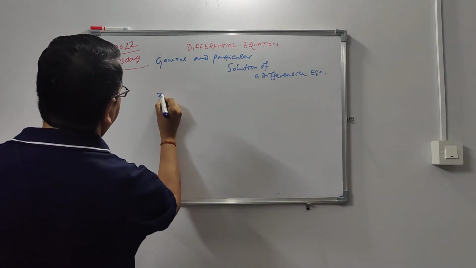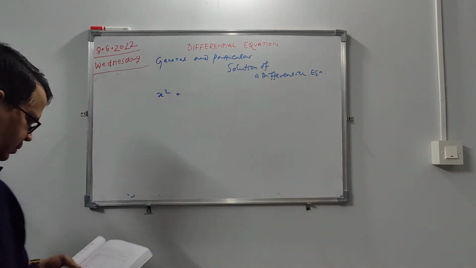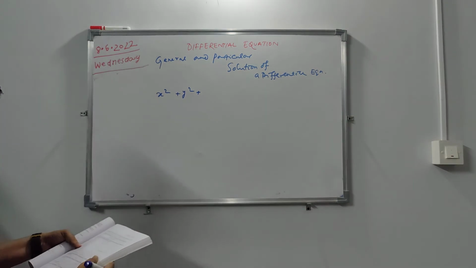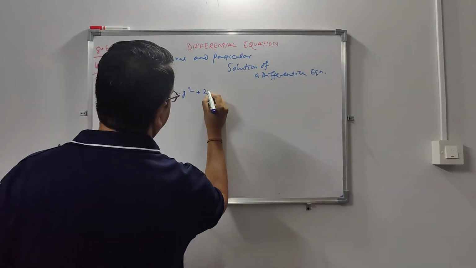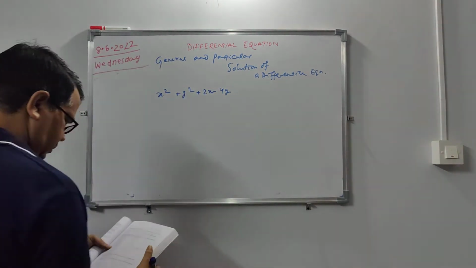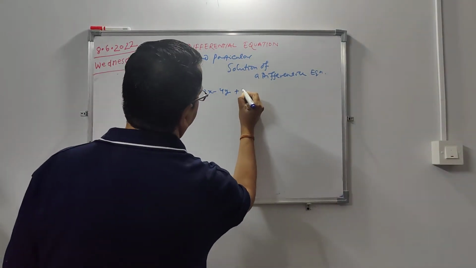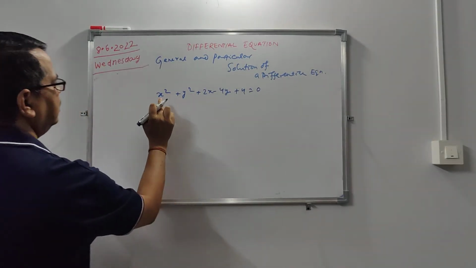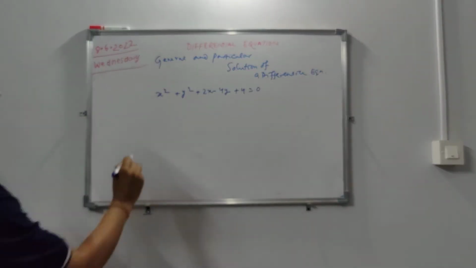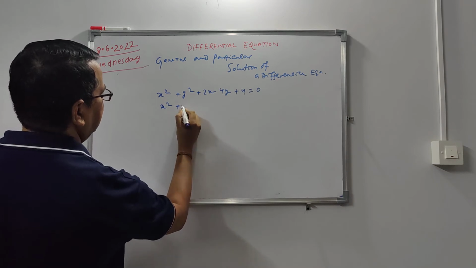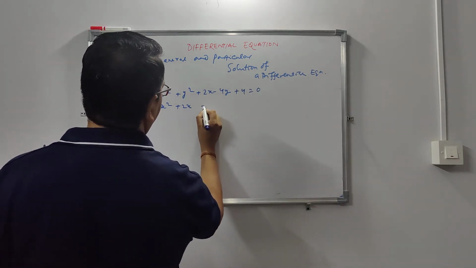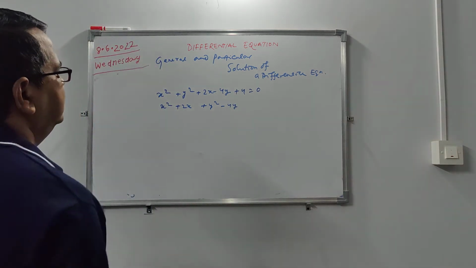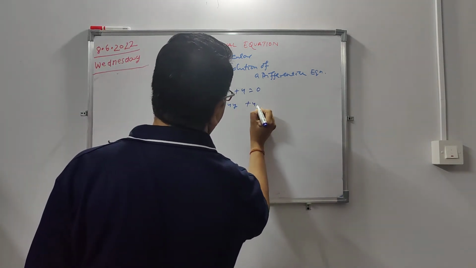Okay, we have done circle. x square plus y square plus 2x minus 4y plus 4 is equal to 0. How do you know it is the equation of a circle? Because it contains y square. Now you put x square and 2x together, and y square minus 4y together, and then plus 4 is equal to 0.